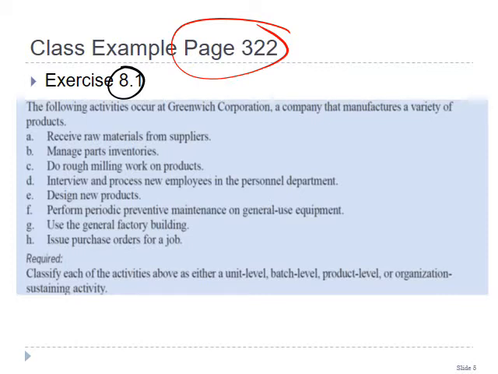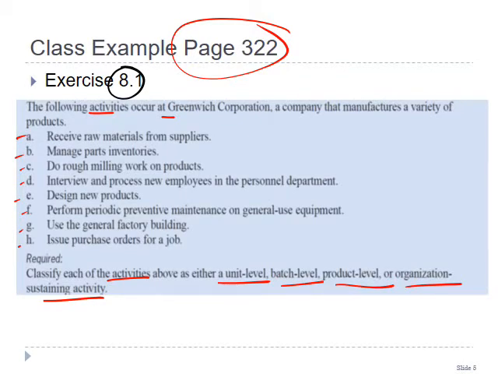The following activities occur at Greenwich Corporation, a company that manufactures a variety of products. We are given items A through H, and we are required to classify each of the activities as unit level, batch level, product level, or organization sustaining.